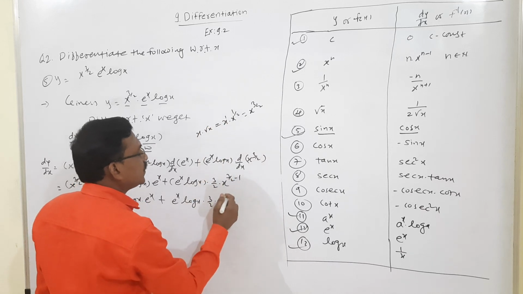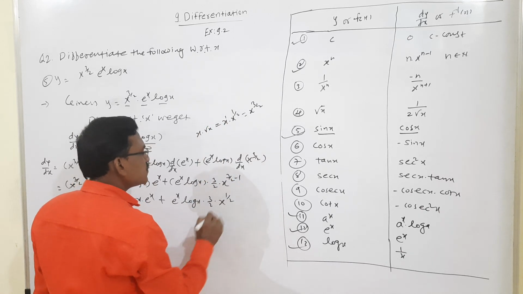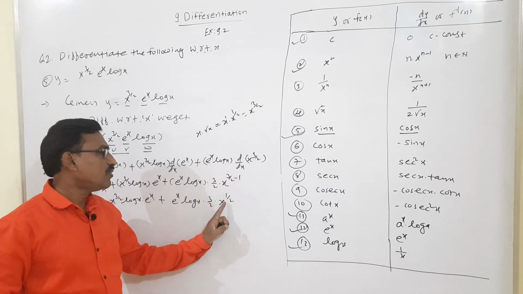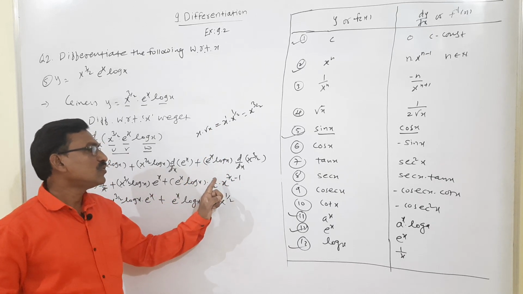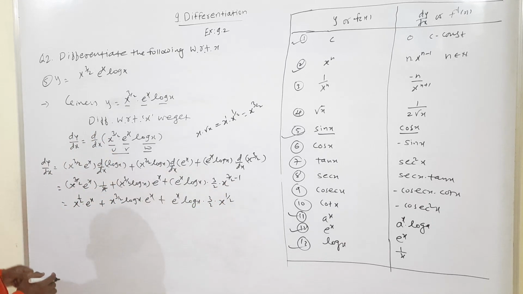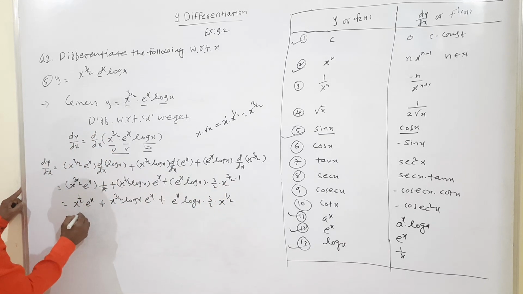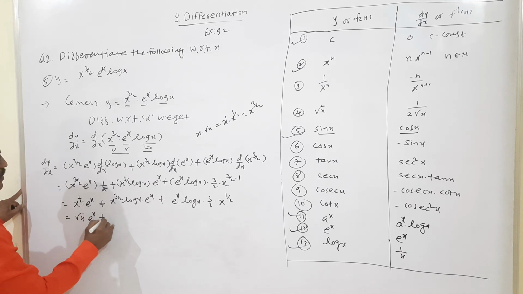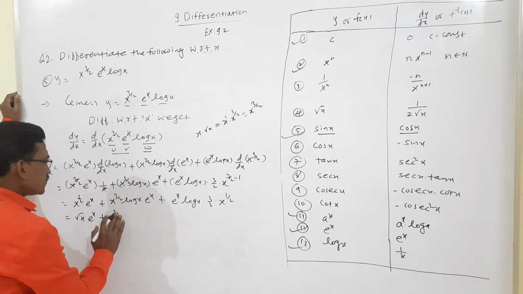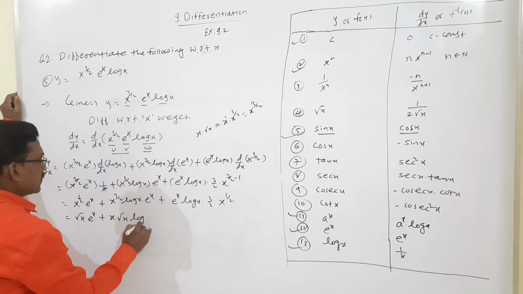This is only x to the power 1 by 2, which means it is a root, because when we add 1 by 2 plus 1 it is 3 by 2, and when we subtract 3 by 2 minus 1 it is 1 by 2, and 1 by 2 is the value of root. So it is root x e raised to x, then plus x to the power 3 by 2, or 3 by 2 we also write here, x into root x log x.